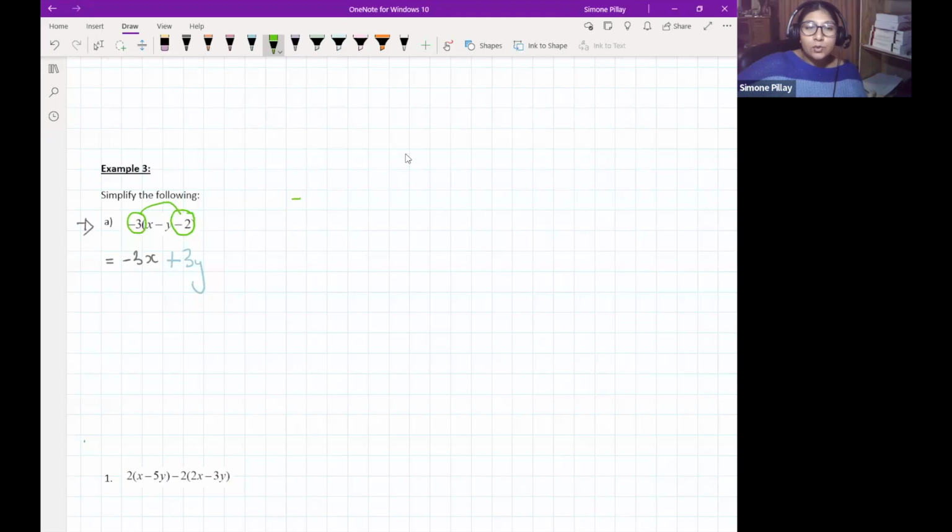Remember now, because we are distributing, when we distribute, we do multiplication. And so it's negative 3 times negative 2. If it was negative 3 plus negative 2, yes, your answer would be negative 5. Because I have multiplication in the center over here, it's a negative times a negative, which is going to give me a positive. And Lucille, yes, it is 6. And this is going to be 3 times 2, which is going to be 6.